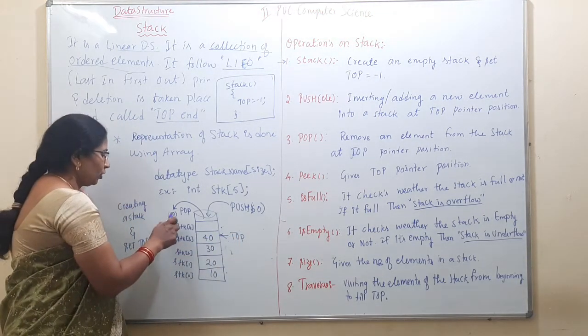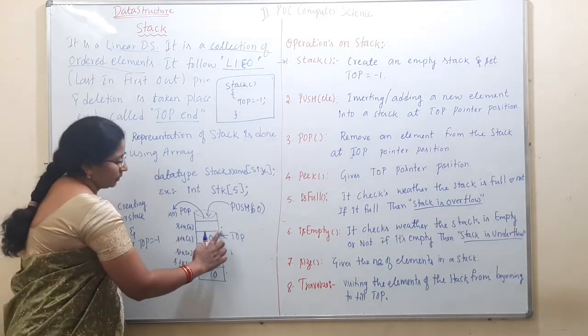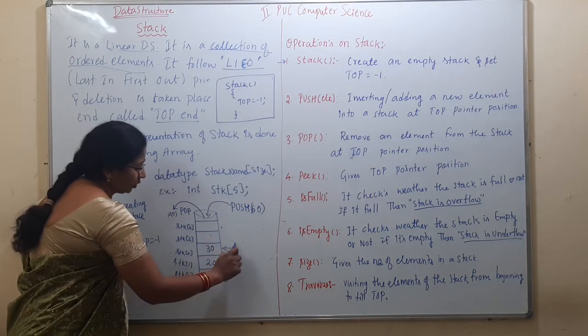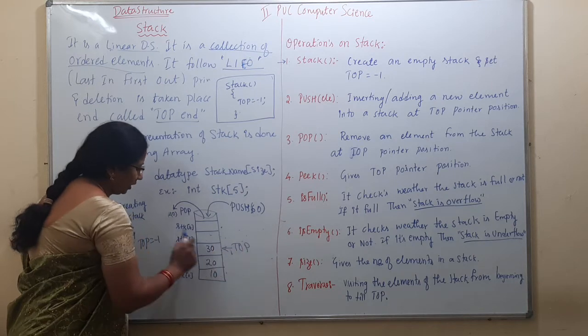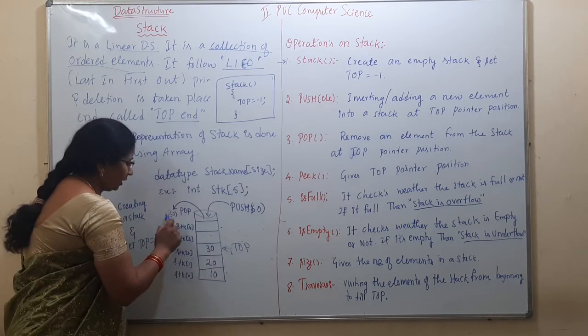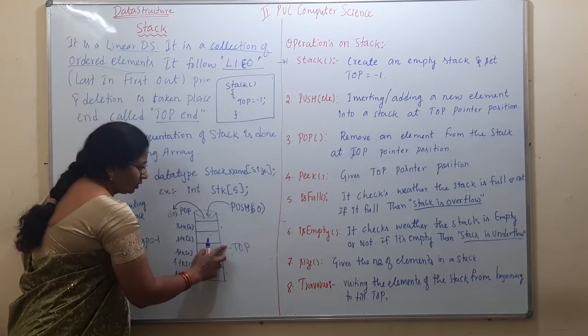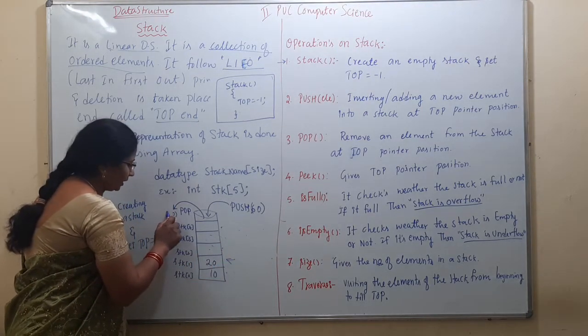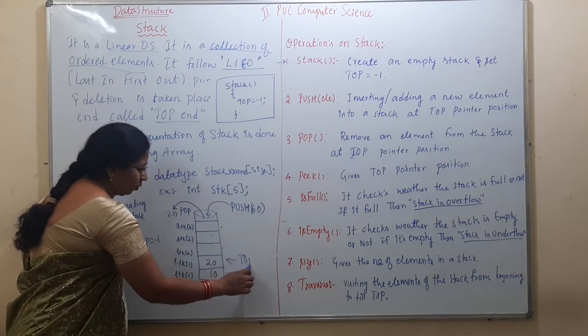Then element 40 gets eliminated. Then again it is decremented by 1, and element 30 gets removed. So once the element is eliminated, the top pointer gets decremented by 1.